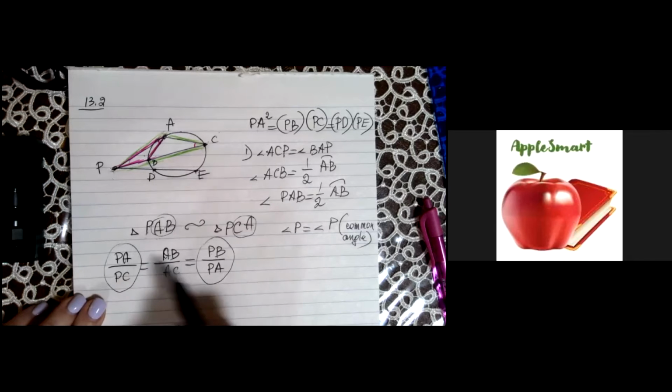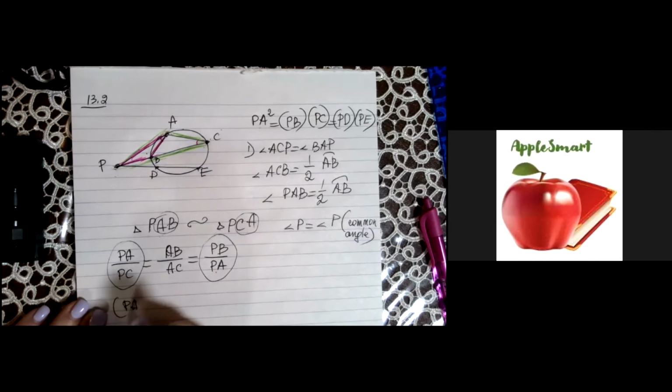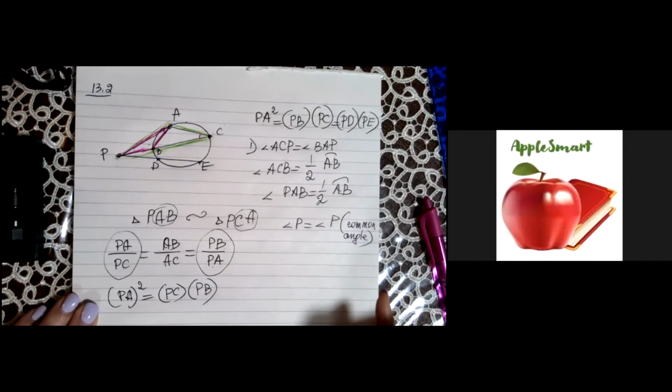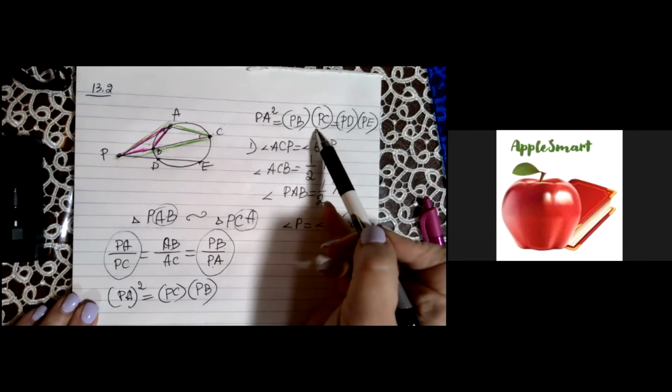So I go PA times another PA. Can I say it's PA squared? Equals, I take the bottom of the first times the top of the second, PC times PB. So far, so good. We proved this part. You see, PA squared equals PB times PC.